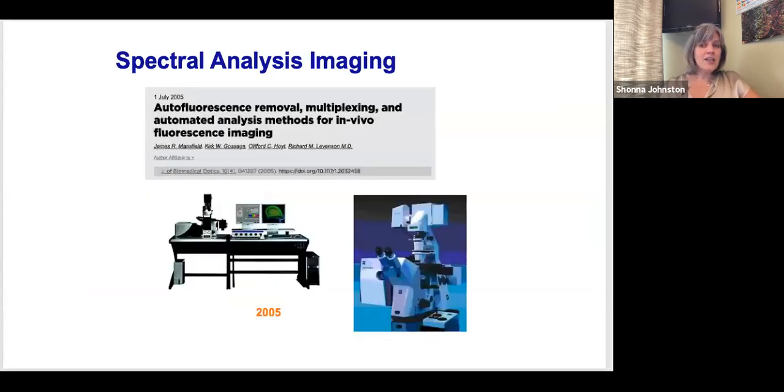So my first experience with spectral analysis was actually when I was facilitating with the imaging facility within our institute. And you can see here, this was an article from 2005, and actually commercial microscopy instruments doing spectral analysis were available then as well. So that was my first experience, using an LSM 510 Meta and a Leica SP5.